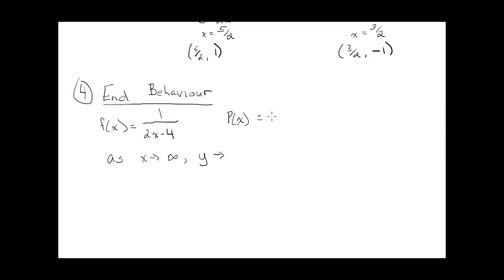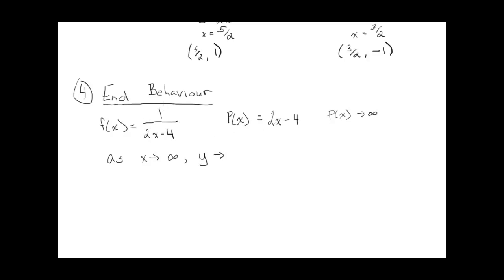P of x was 2x minus 4. What would happen to this function as x goes to infinity? Hopefully we know that p of x would go to infinity. What does that mean? That means the y value here is getting very, very large, so large positive numbers, like 1,000, 1,000,000, 1,000,000,000.